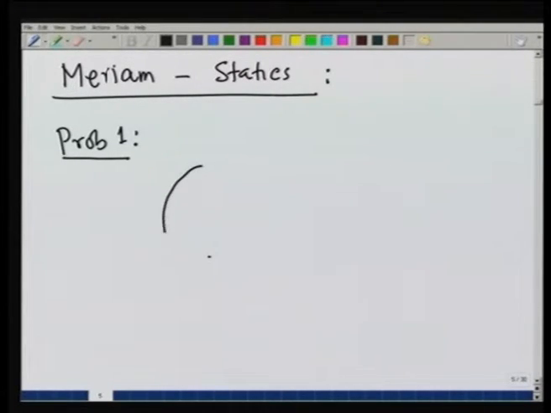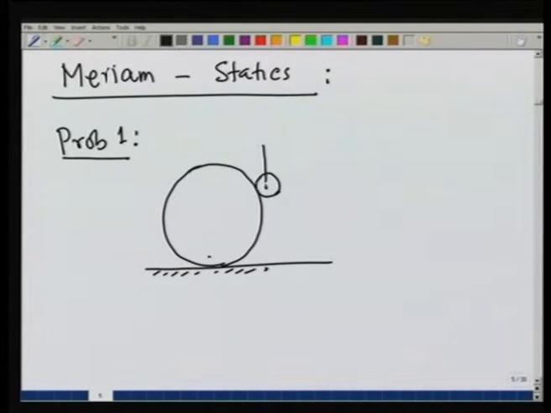We have a wheel on a rough surface and it is touching a roller which is free to move, and it is fixed to the support like this.